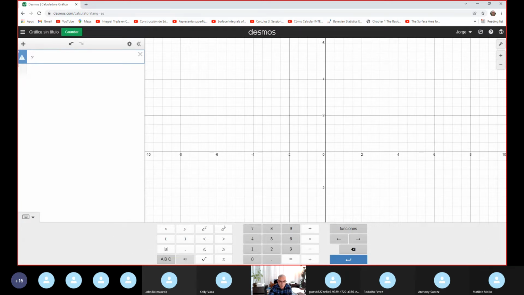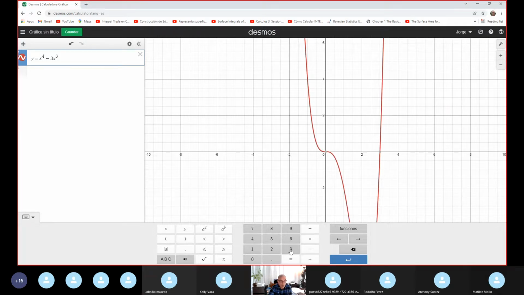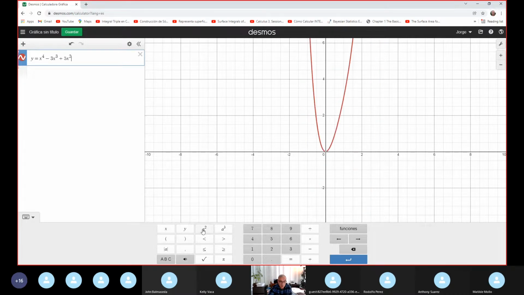Y equal x to the 4 power, minus 3 x to the 3 power. You have to practice. Plus 5 x squared minus x minus 10.